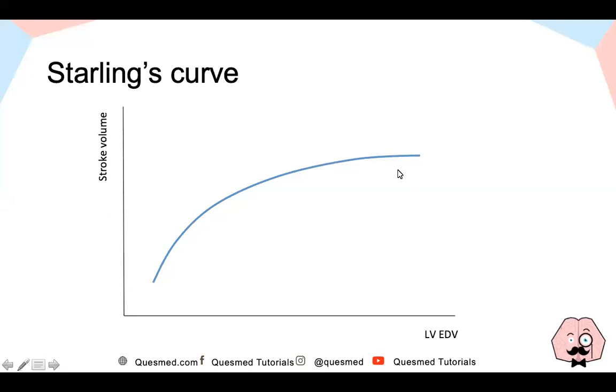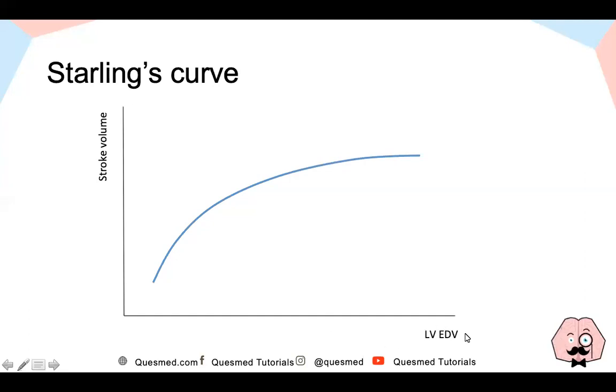This is an exponential kind of increase of the curve. At this bit down here, we have very small left ventricular end diastolic volume, which means that the sarcomeres are very close to each other and they don't have very much ability to move past each other and give a really big stroke volume.